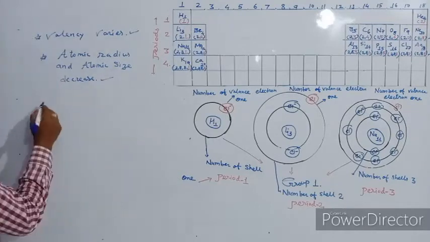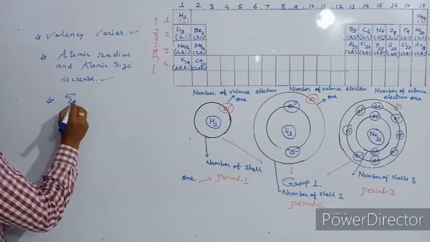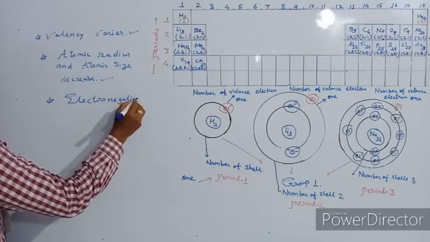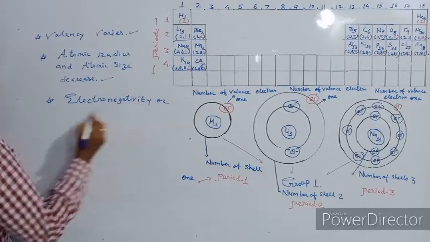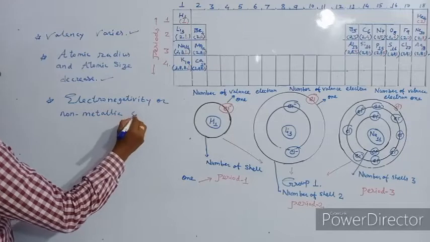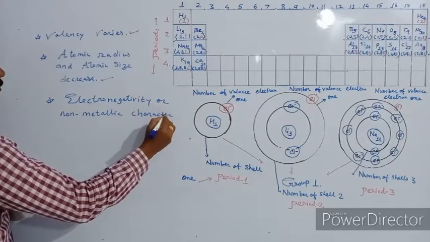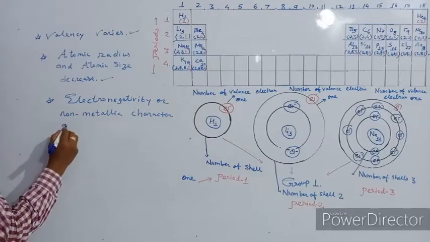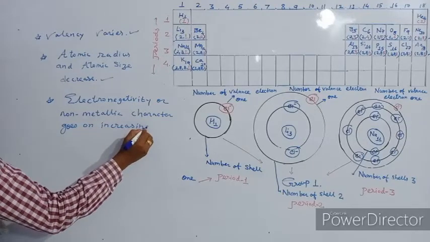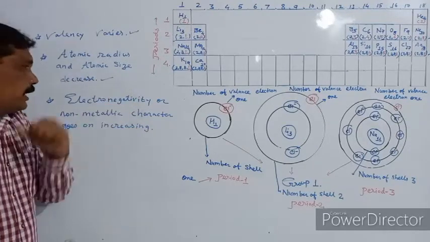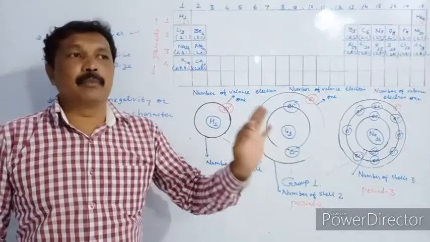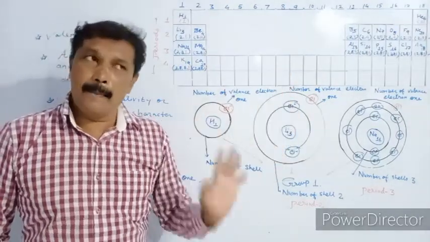And the third factor, the electronegativity or non-metallic character goes on increasing as we move from left to right in a period.